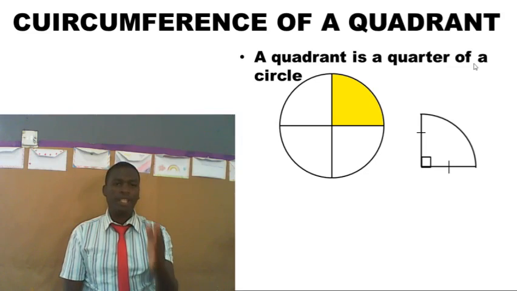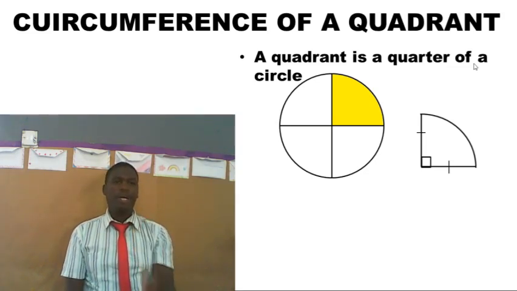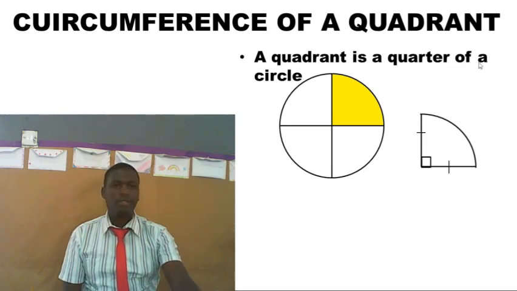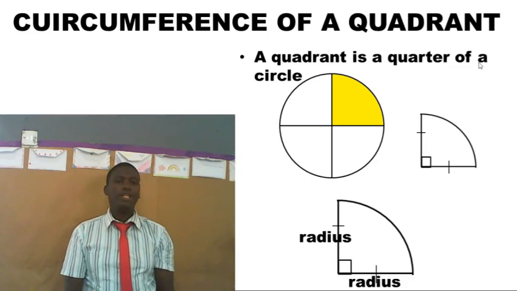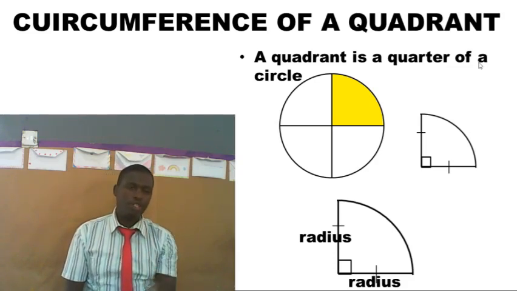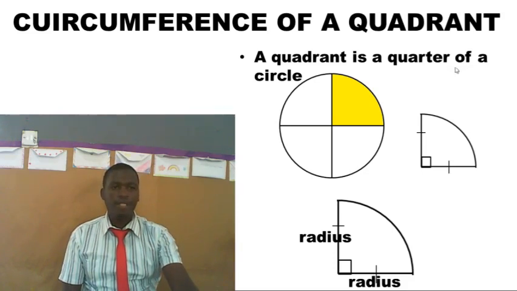We need to look at the parts of a quadrant. A quadrant has got parts. What are those parts? Yes, that's the line which is running at a perpendicular point, showing an angle of 90 degrees. The downer part here, this one is our radius, from this point to this point.